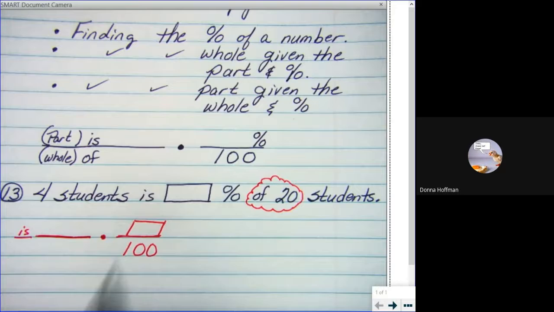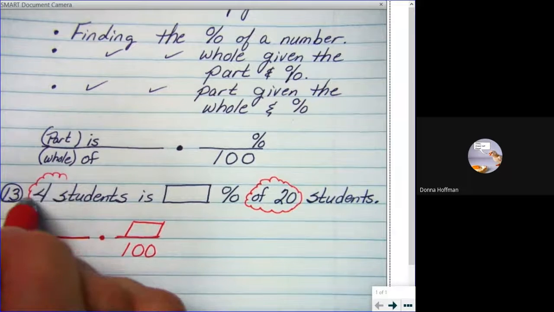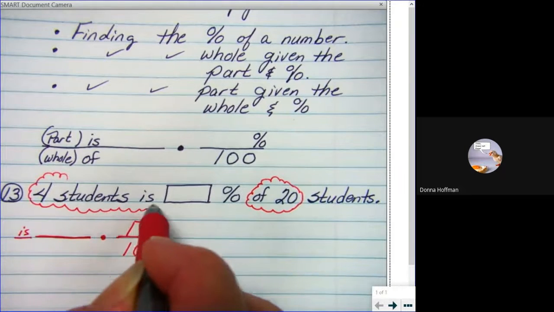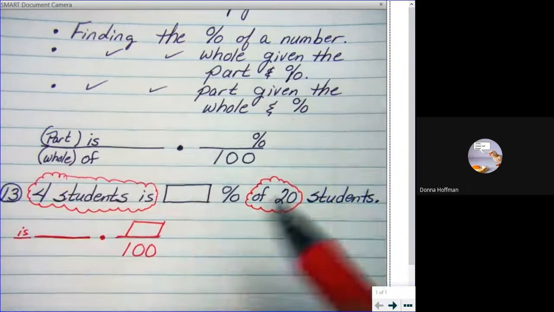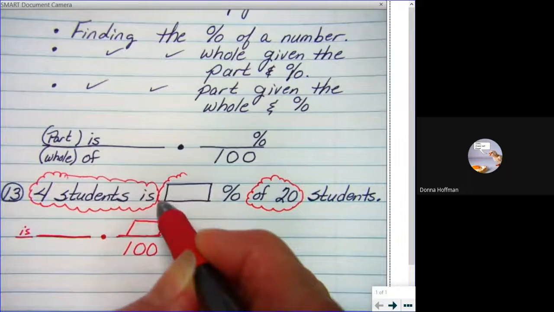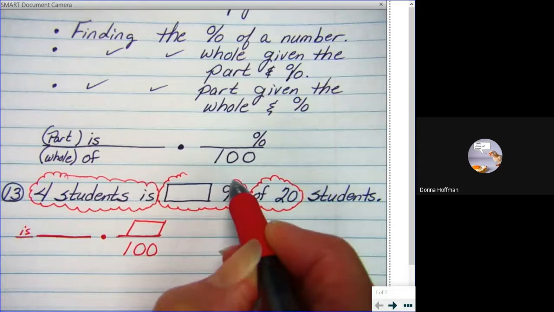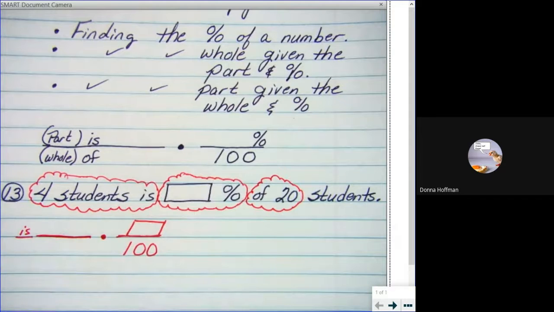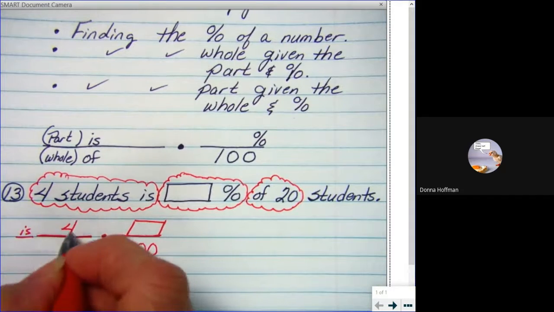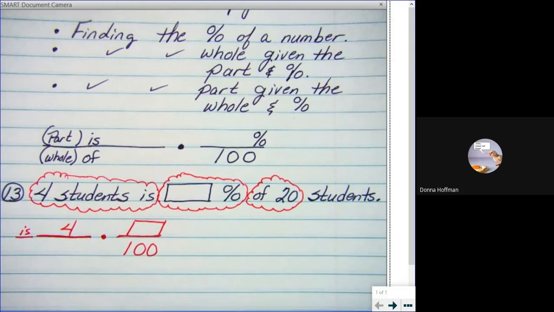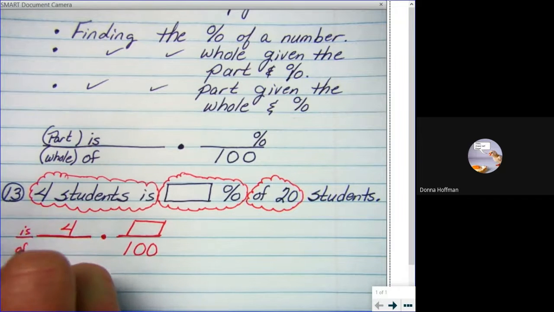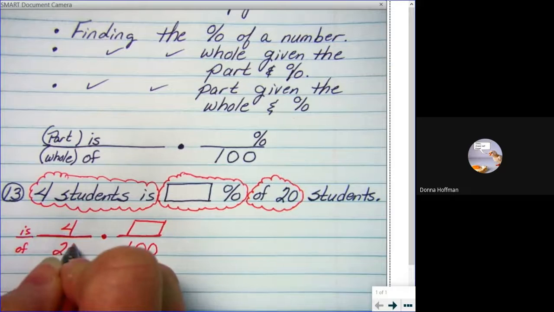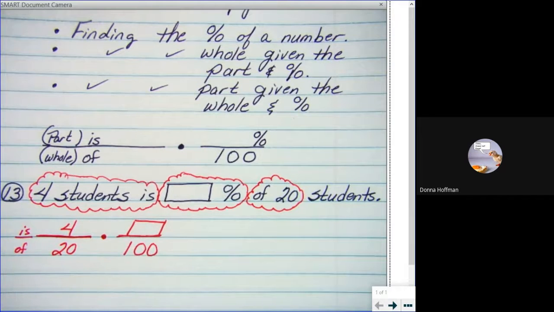It would be 4 because 4 students is. Okay, so I might as well go ahead and just put a little cloud around this as well, because that's my 3 parts that I'm looking for. So 4 is what percent? We don't know, right? And then what would I plug in for my of? That's my 20. So now I've got my pieces and parts plugged in.